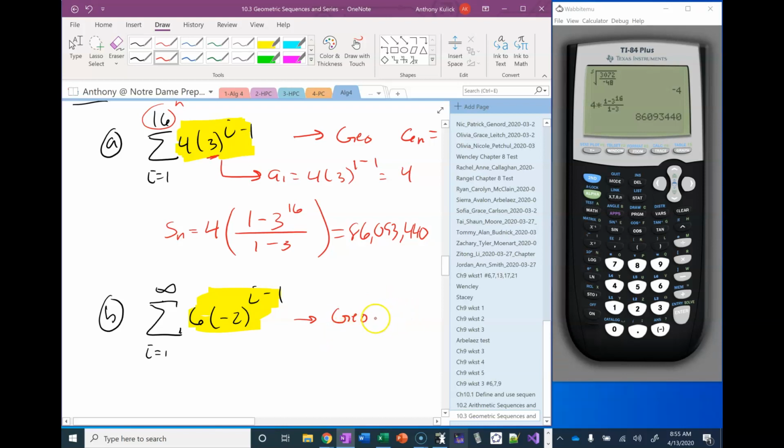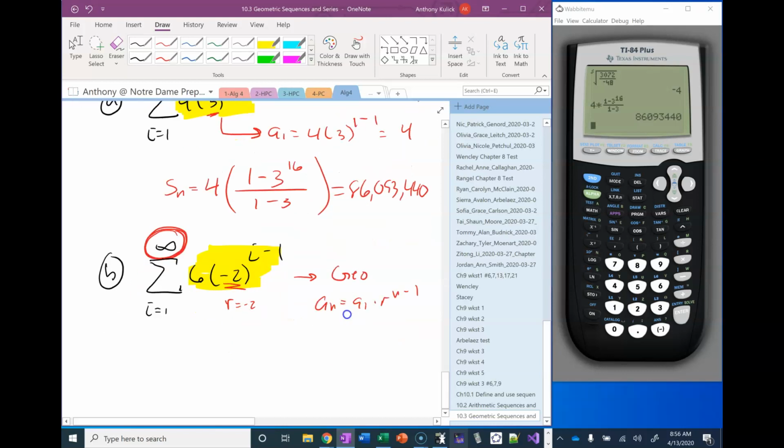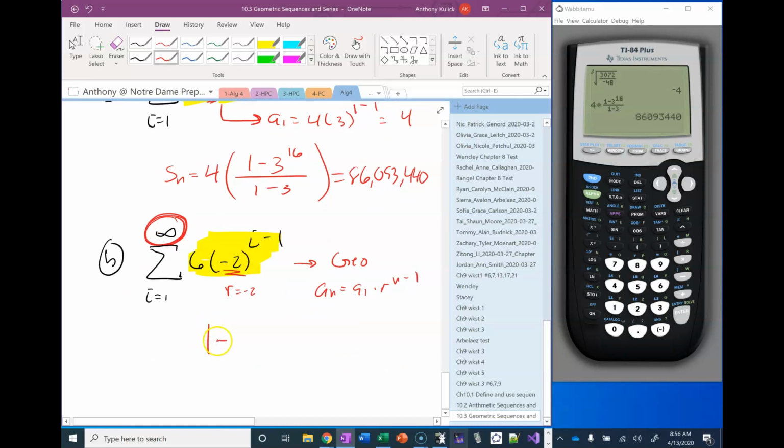And I can tell right away, because of the form of a geometric, that negative 2 is my r. Next, I notice that this is an infinite geometric. So if I look at the magnitude of r, that's equal to 2, which is not less than 1, so we can say immediately this is divergent.